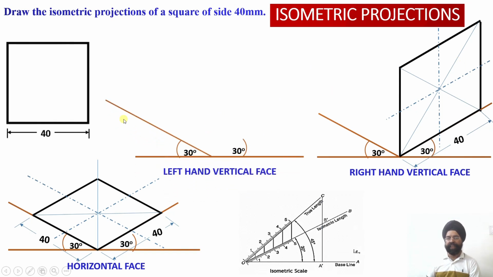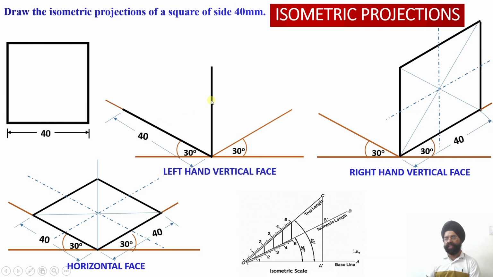So in the left hand face, once again we have to use the left face over here. We have to look from this side. So the x-axis will be used and y-axis will be used. So first of all, 30 degree, this is your x-axis, this is your z-axis. Now we mark 40 millimeter on the x-axis, and then draw the vertical axis, that is the y-axis, again mark 40 millimeter.